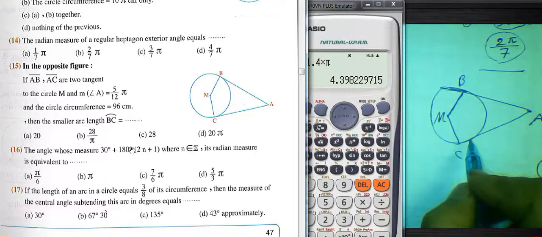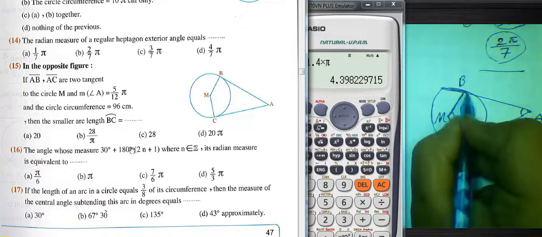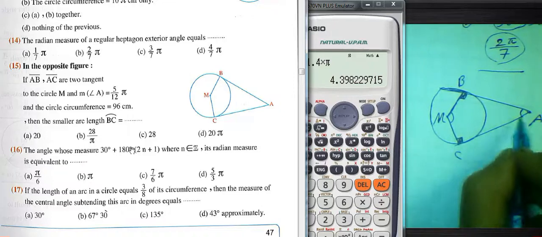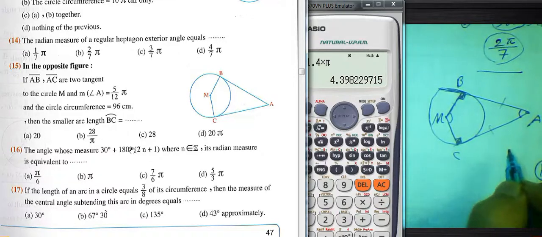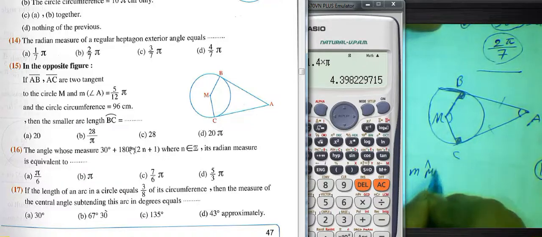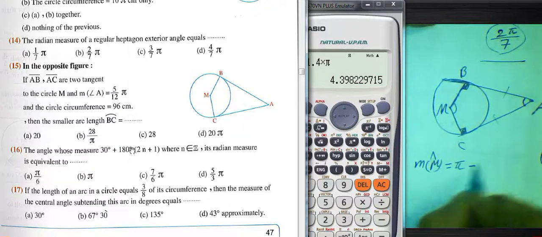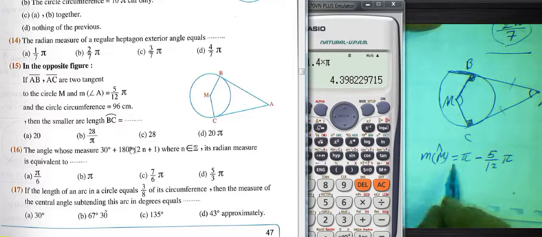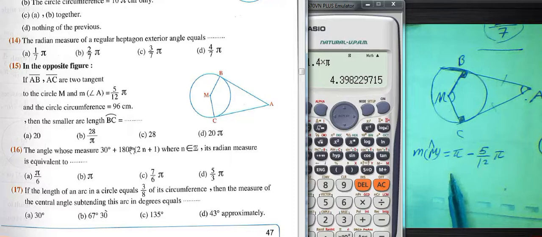First, the measure of angle A plus the measure of angle M equals 180, because the angles at B and C are perpendicular, and the sum of the interior angles of this quadrilateral equals 360.